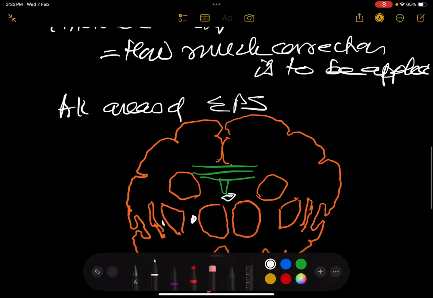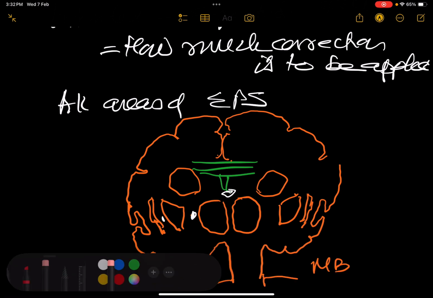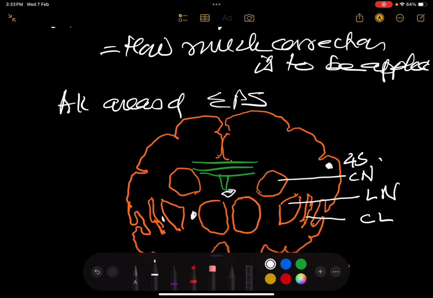So let's see. Here there is area 4S, cortex area 4S. Then nothing in between the internal capsule and this. Then you have the caudate nucleus, the lentiform nucleus, the claustrum, and the insula.